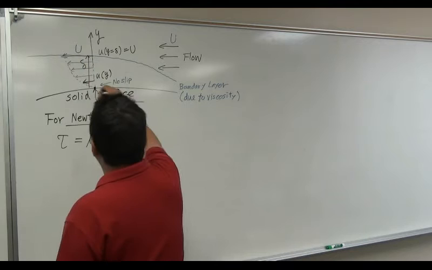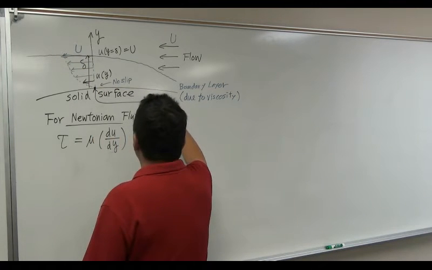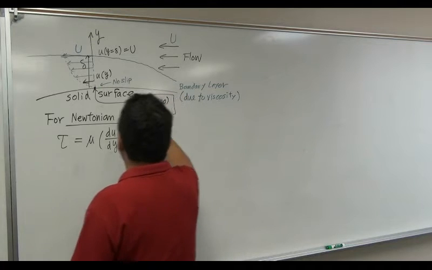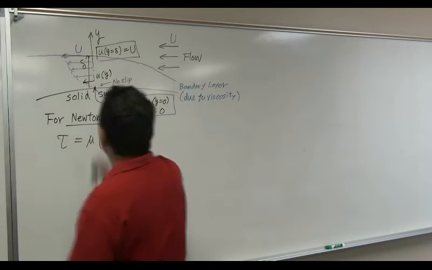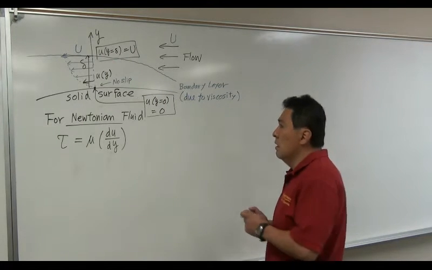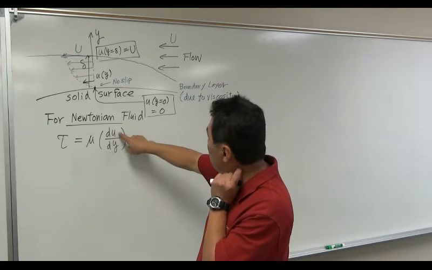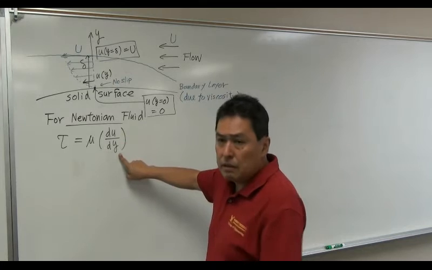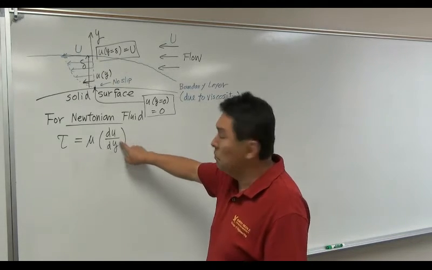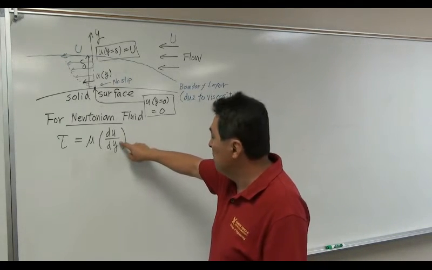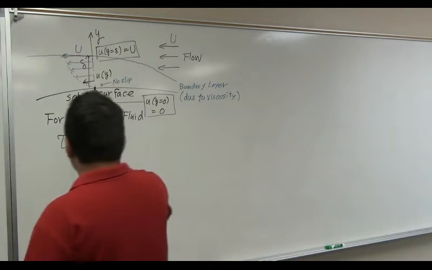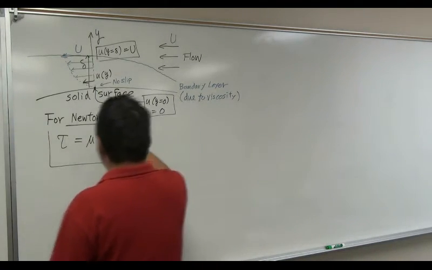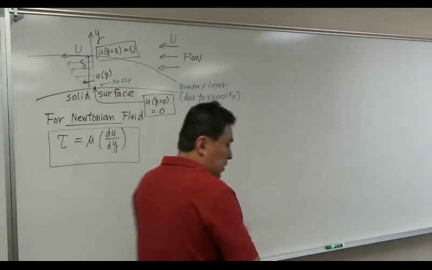Right here, velocity at y equal to 0 is 0. So how much change of velocity happens in the direction y is called du dy. This is in fact how much deformation you observe of the fluid. Okay? So this is quite important equation, Newtonian fluid shear stress.